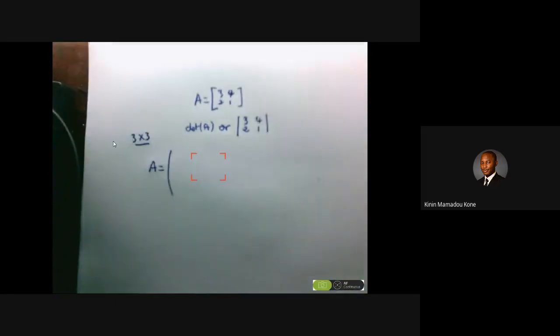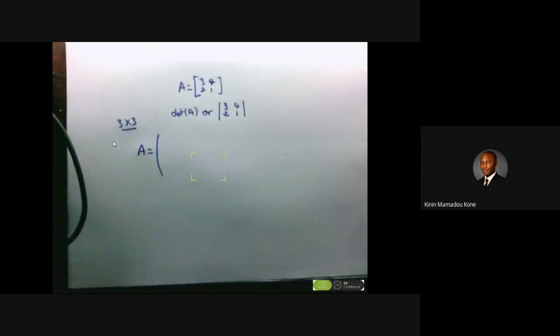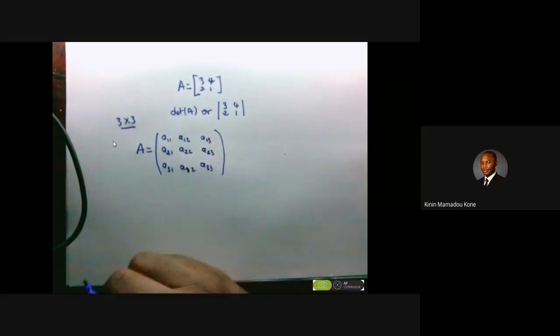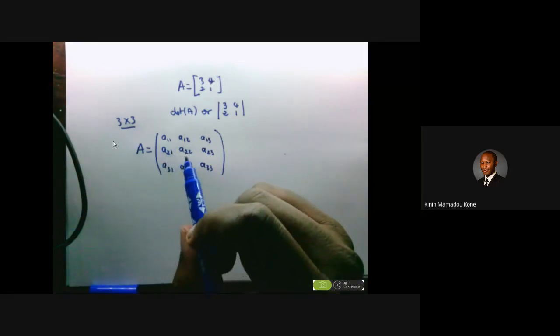Case number 3, a 3 by 3 matrix A with entries A11, A21, A31, A12, A22, A32, A13, A23, A33.